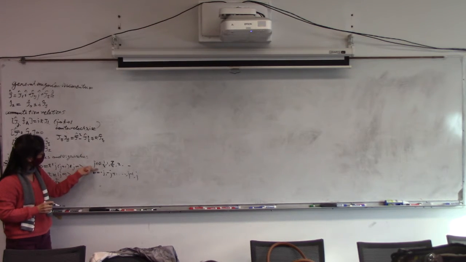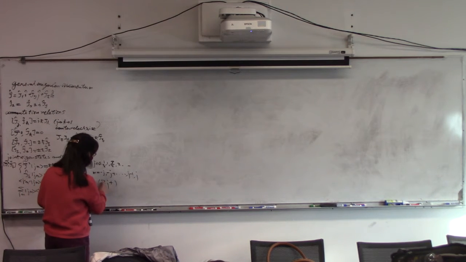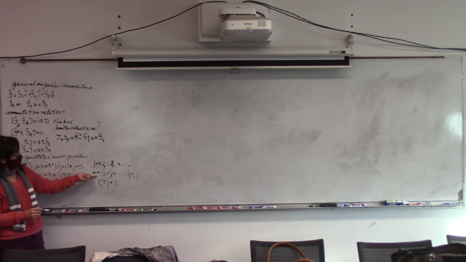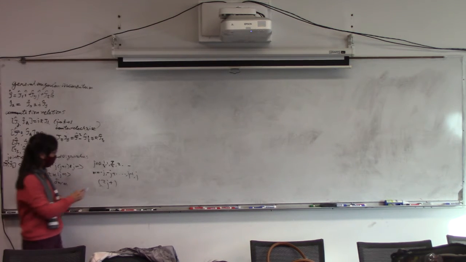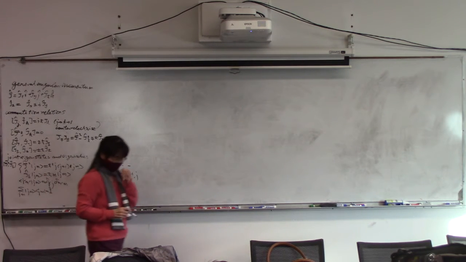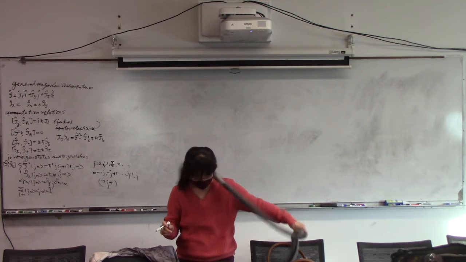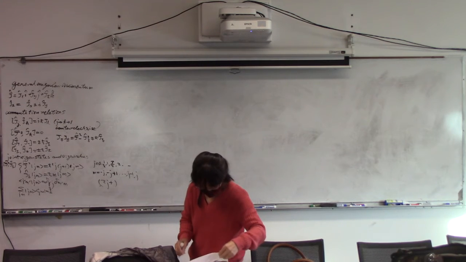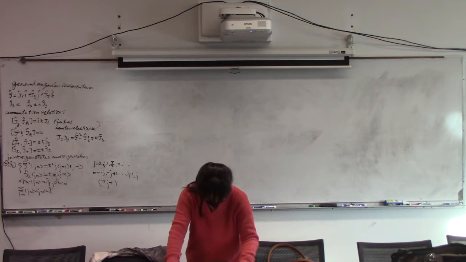Then for a given J value, we will have 2J plus 1 allowed m values. Actually, later we're going to use mj, but here m is fine. So this is for the two quantum numbers. Now, today we continue to discuss the general angular momentum. Then we go to the spin.